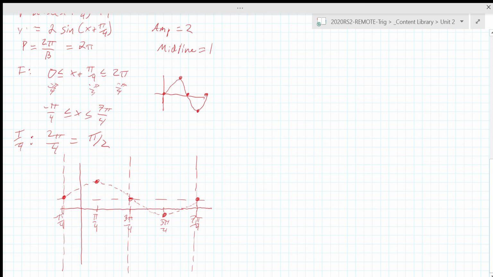And then finally, you're ready to graph the cosecant part. You're starting at the peak or the bottom of the sine wave, and you're making parabolas away from the midline, towards the asymptotes on the side. So those parabola parts are the cosecant function.